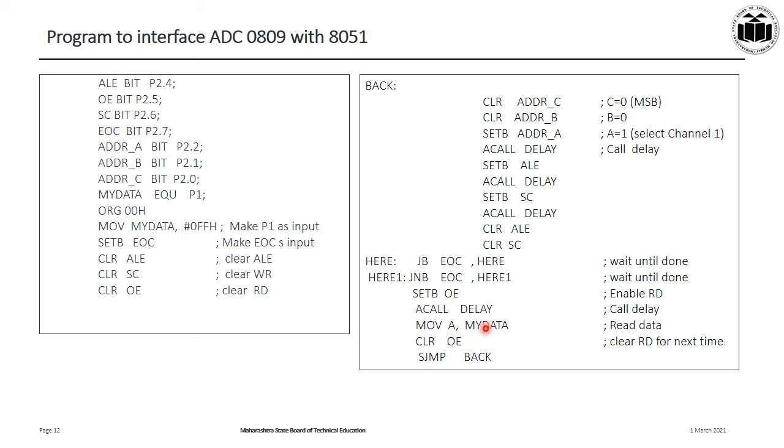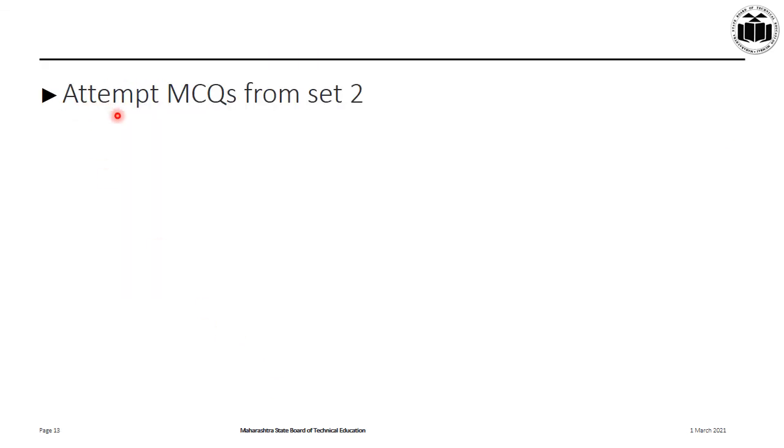So data is moved from the port, that is my data, to the accumulator, and again OE is cleared, and for the next conversion we jump back. So this is a program for interfacing of ADC 0809 to the microcontroller. Students can now attempt MCQs from set 2.